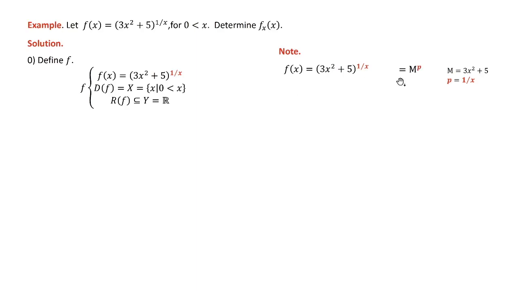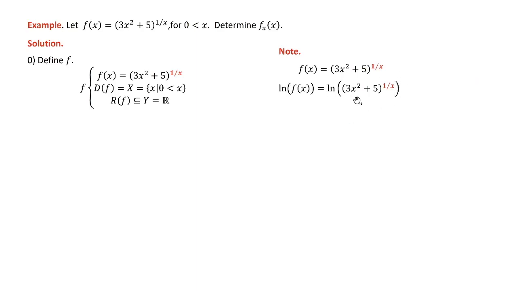I'll take the logarithms of both sides, right? And I'm going to use the power rule of logarithms, which is written here. So I have my base identified, I have my power, and I'll just plug into the formula, and I see that log f of x now equals 1 over x times the log of the 3x squared plus 5.